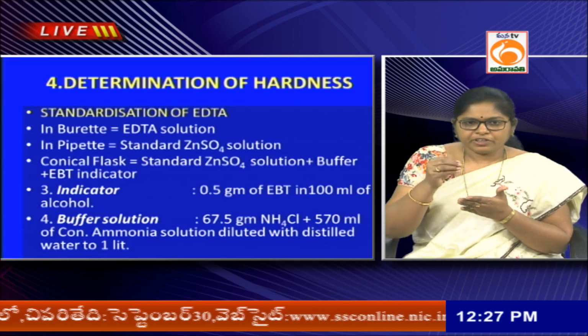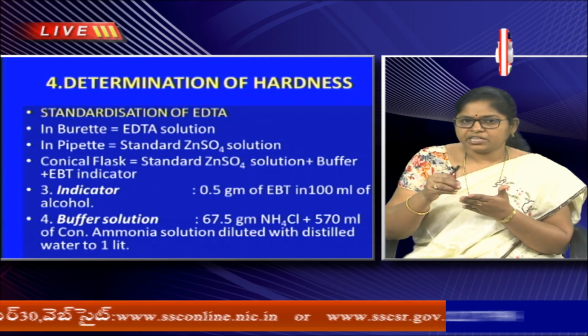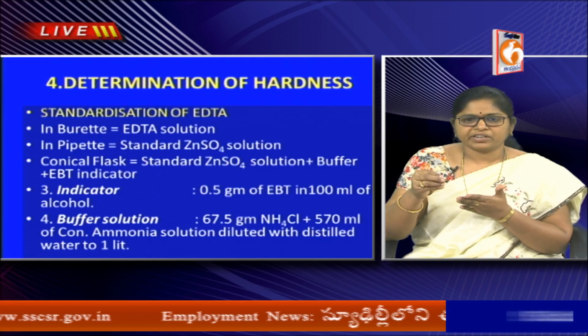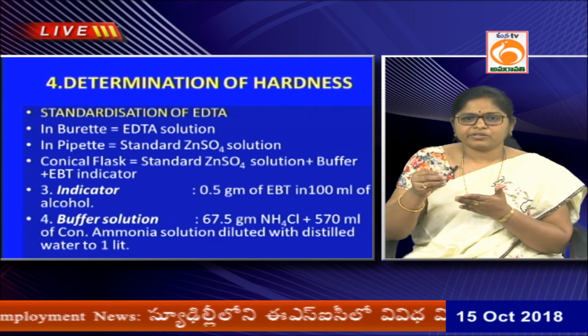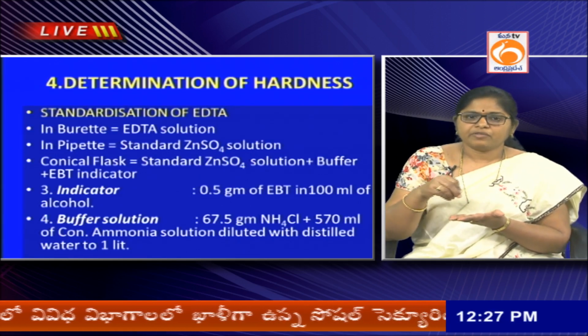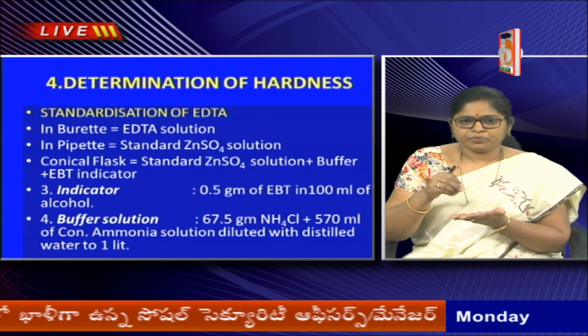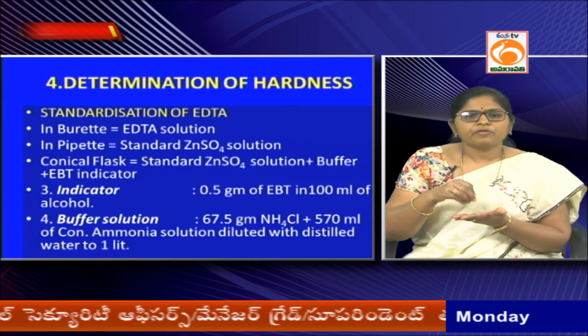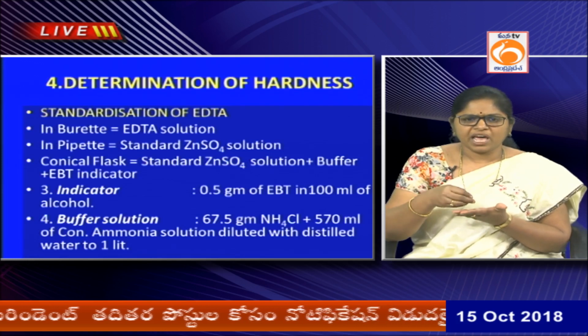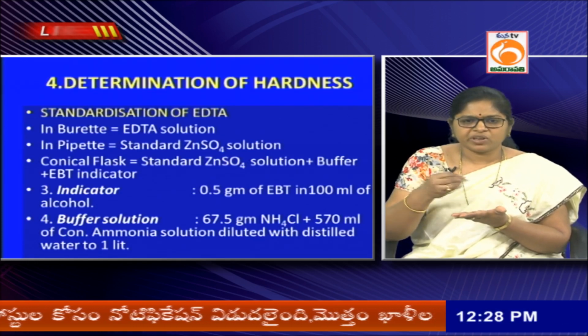For this, in the burette we are taking the EDTA solution, and in the pipette we are taking the standard zinc sulphate solution, which is transferred into the conical flask. To that conical flask we add 10 ml of buffer and 1 or 2 drops of EBT. EBT, Eriochrome Black T, is a dye; sometimes we call it a dye.